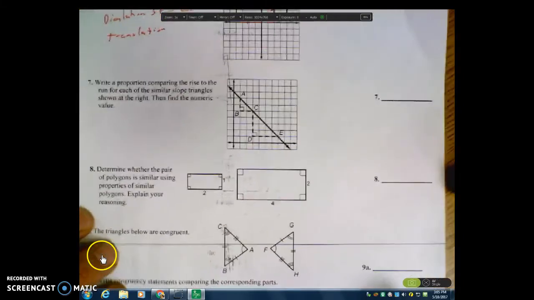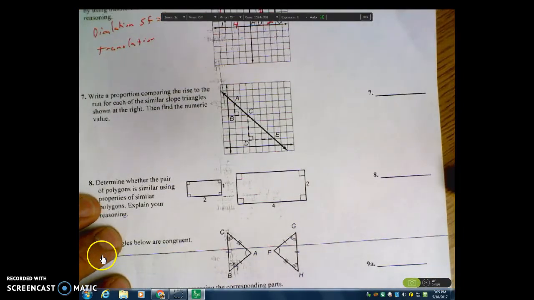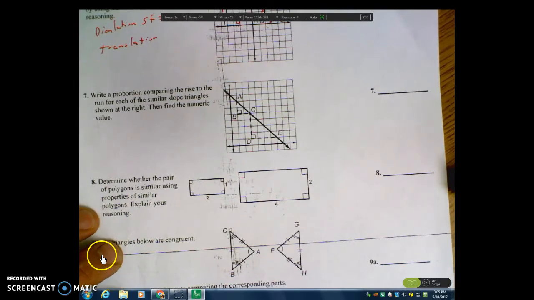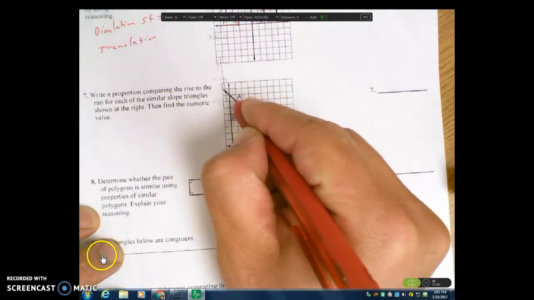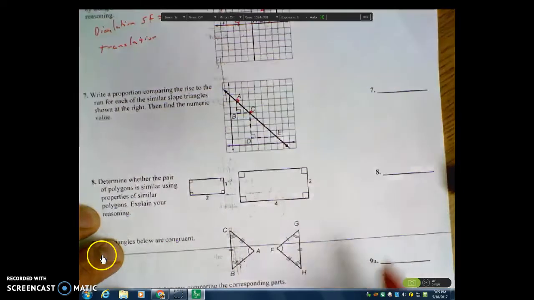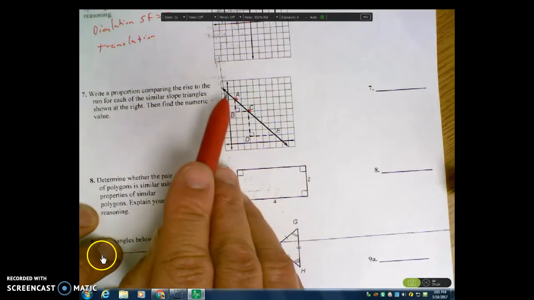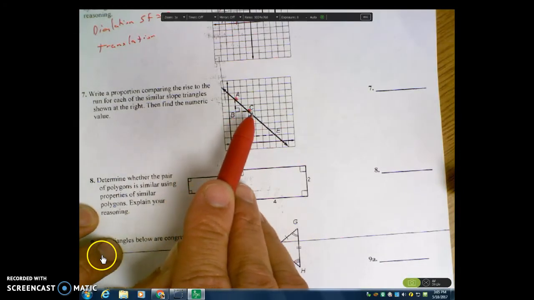All right. Write a proportion comparing the rise over run for each similar slope triangle shown at the right. So I am going to pick these 2 points. And line AC is actually this triangle, ABC.